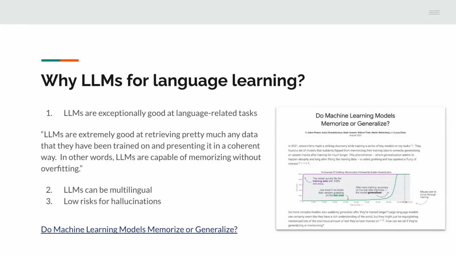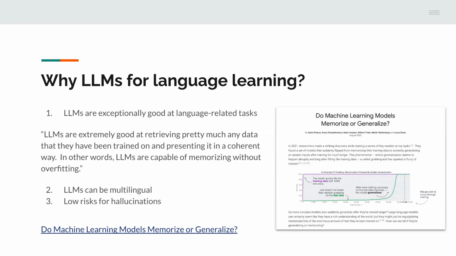Also, when you're learning a language, you're probably less concerned about the facts, right? They might be hallucinating, but as long as it's hallucinating in a grammatically correct way, it should still be fine in terms of language learning.